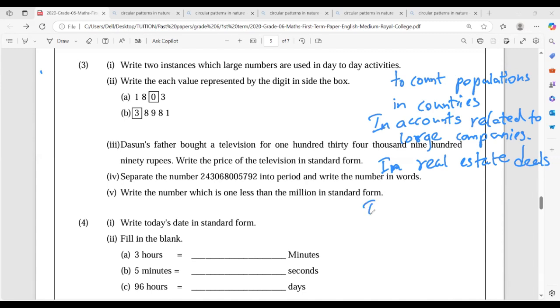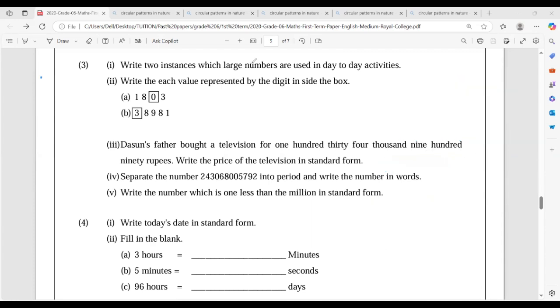And in business, or selling or buying vehicles like that, then you can see large numbers are used. Fine. You can write only 2.